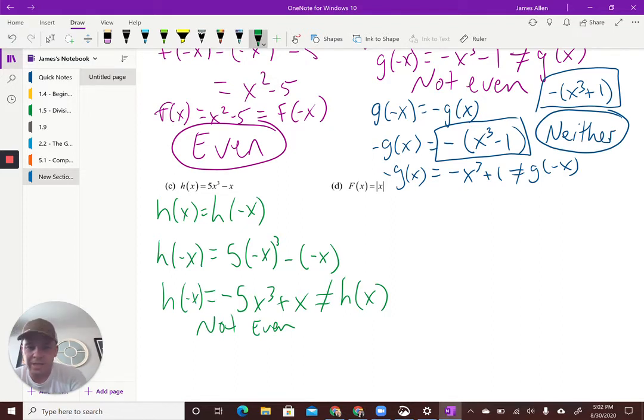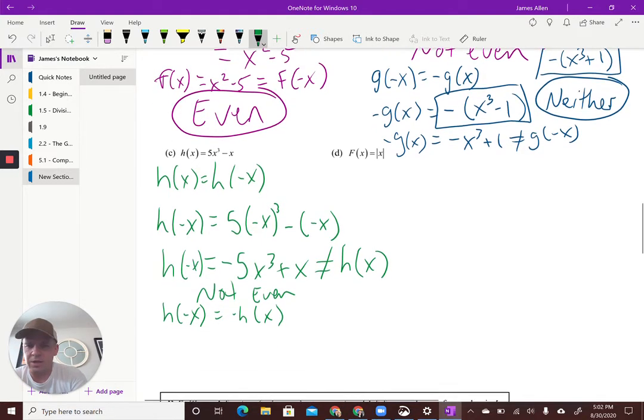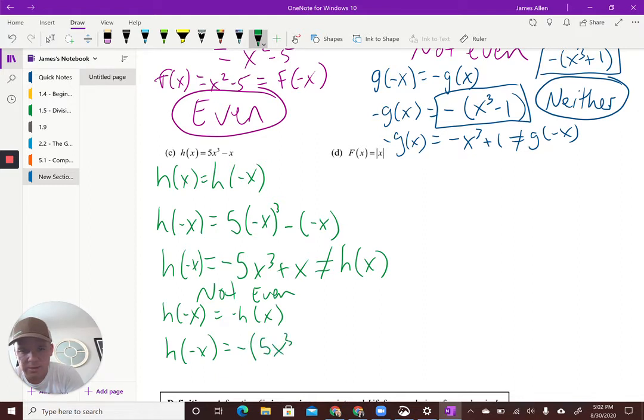But is it odd? Let's test. So I want to see now, does h of negative x equal negative h of x? And again, there are two ways of doing this. How about I do it the other way that I talked about on the last one? Well, I can make h of negative x equal, and I'm going to take out the negative, leaving me with 5x cubed minus x. Now, does that equal negative h of x?